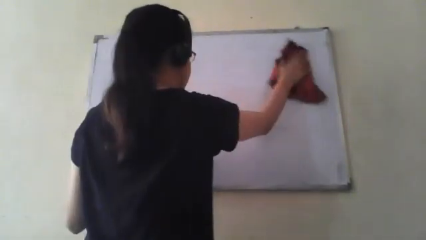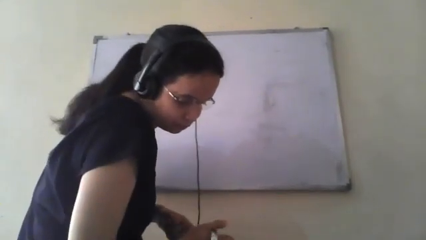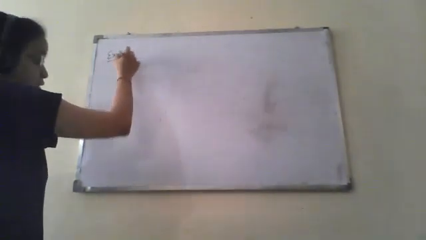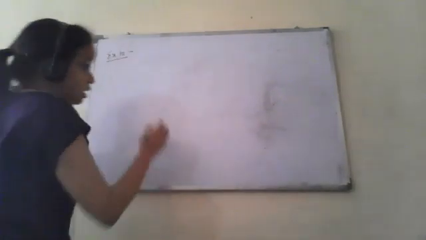Now we will check some examples so that things become more clear. Example 10: y square minus 7y plus 12.